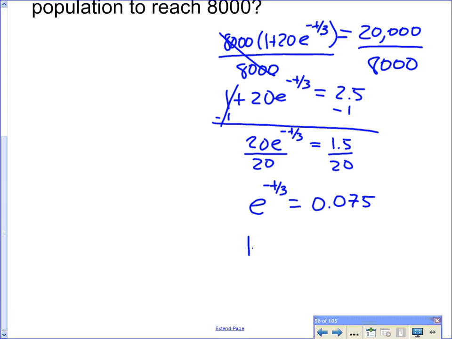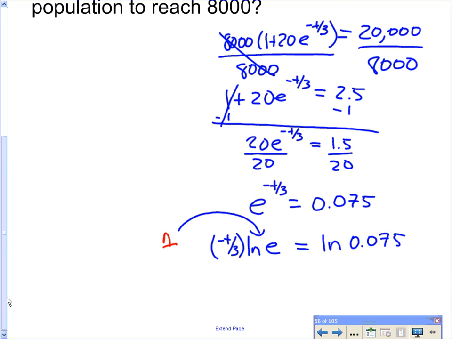So we're going to take the natural log of both sides, and at the same time I'm going to bring this negative t over 3 out front. So we should be pretty good at that by now. Natural log of 0.075. So I sort of skipped a step there. The natural log of e is 1.